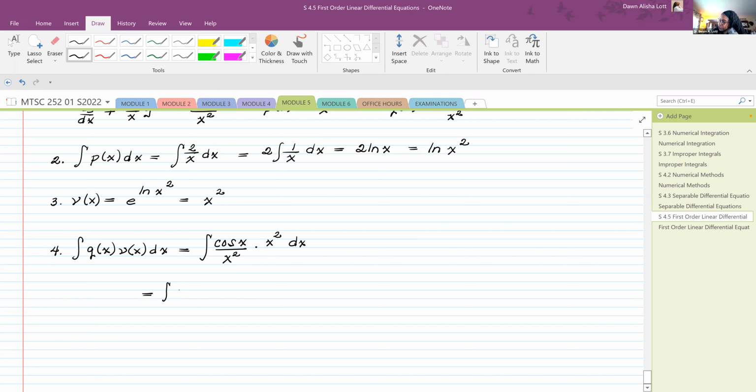This is the integral of the cosine of x dx. And what is that? Antiderivative of cosine of x. Sine of x. Okay. Plus a constant.